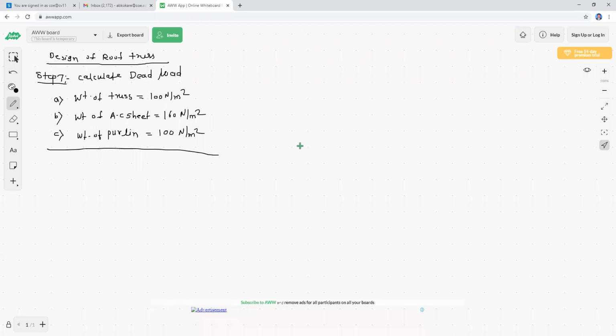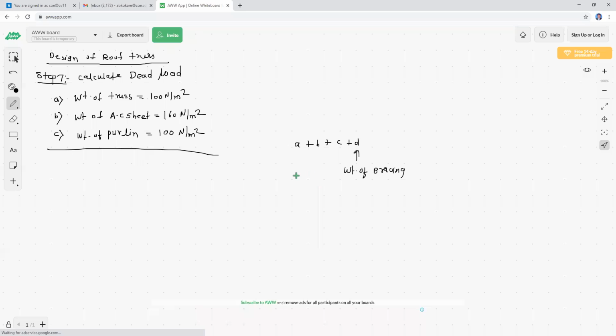As per the procedure, A plus B plus C plus D, where D is the weight of bracing. In the problem statement they have not given the weight of bracing, so we cannot add this.